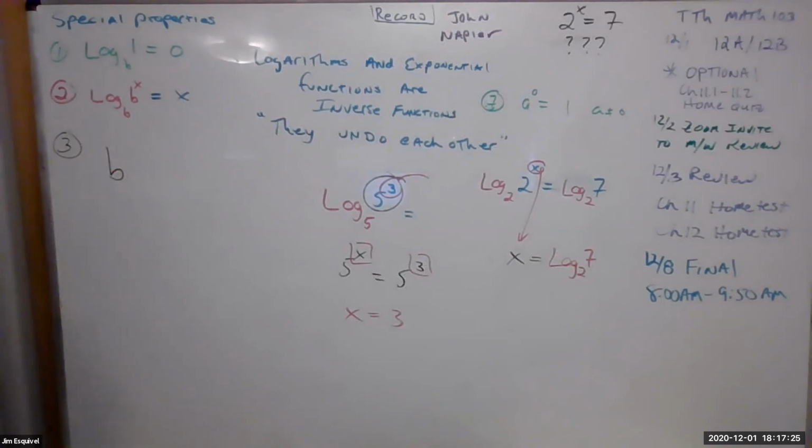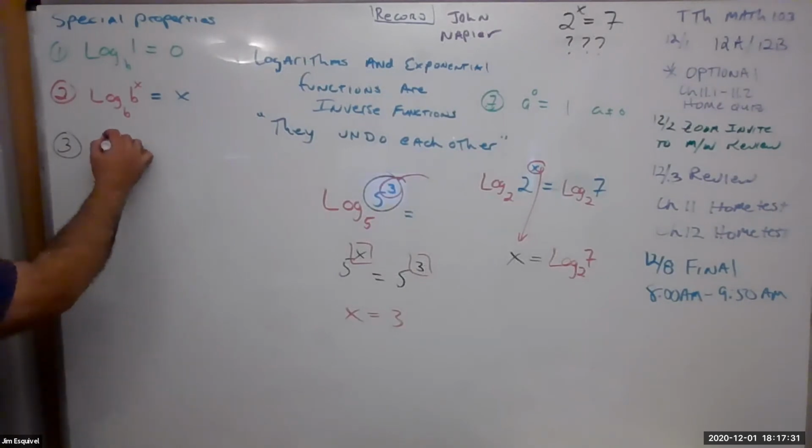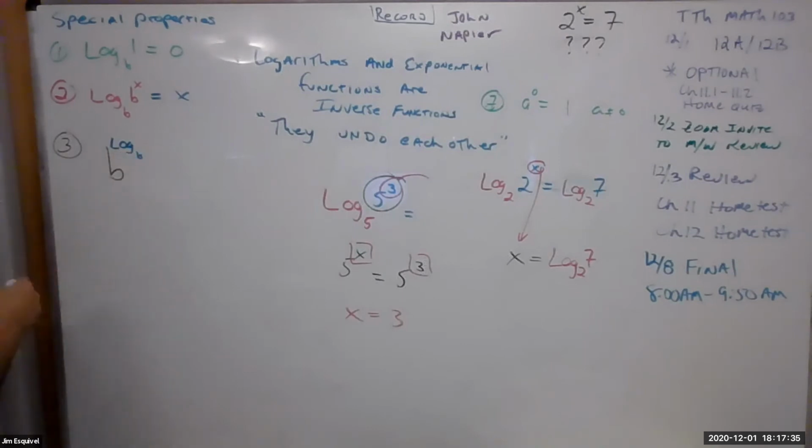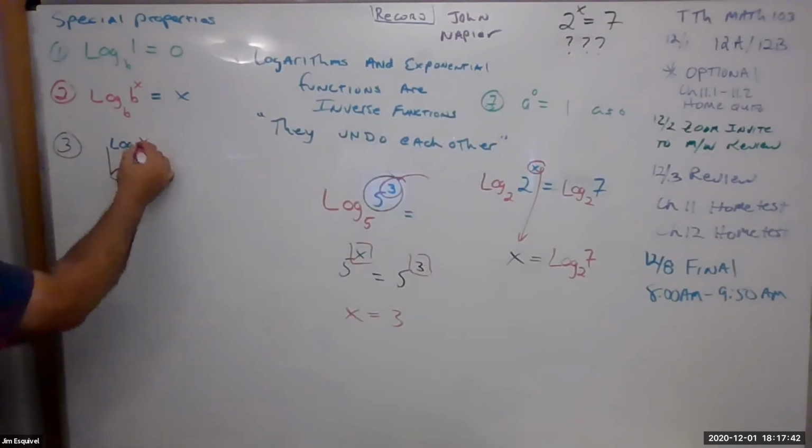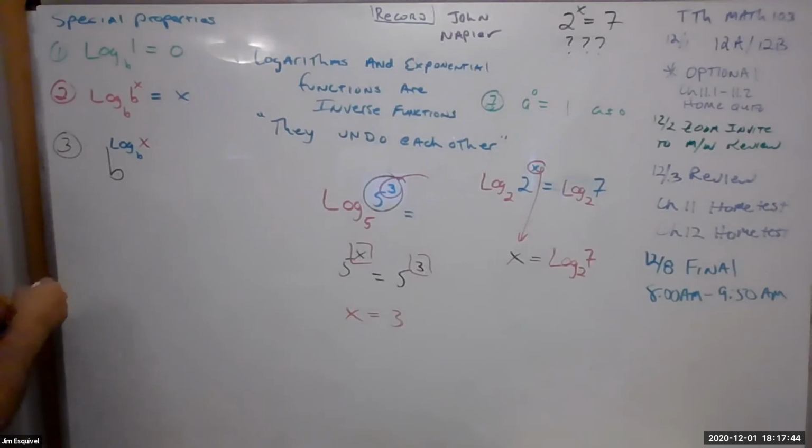Base b raised to the power of log base b, raised to this logarithm power of x. So I have an exponent example here, base b raised to a logarithm power.